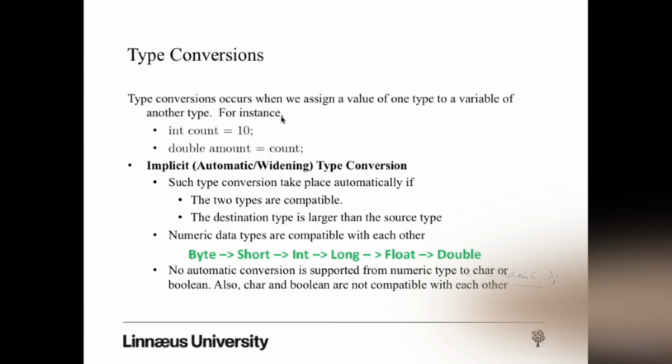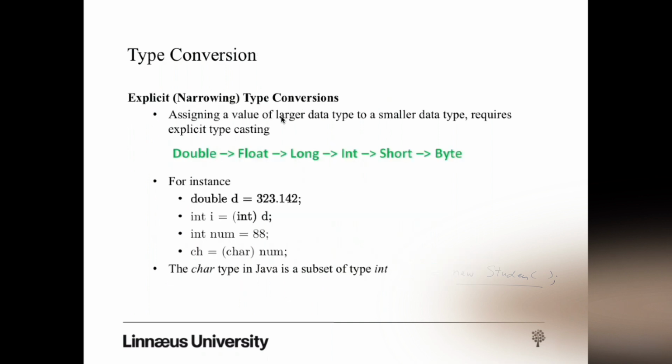But if you want to do the reverse, that is also possible, but you have to do it yourself, you have to give some instructions. And how can we do it?